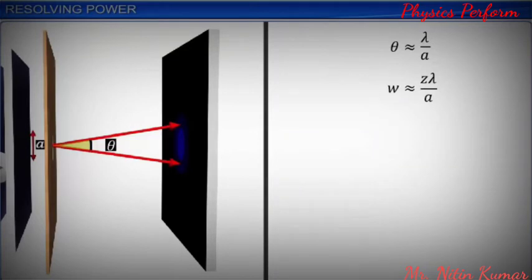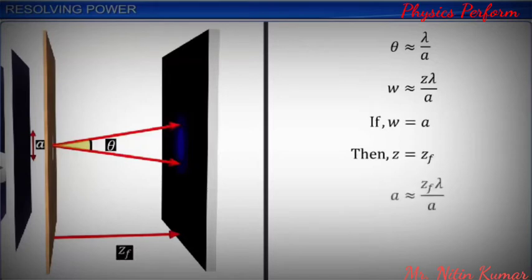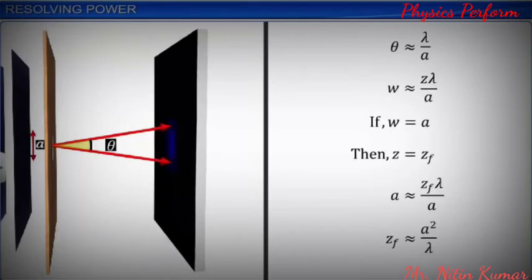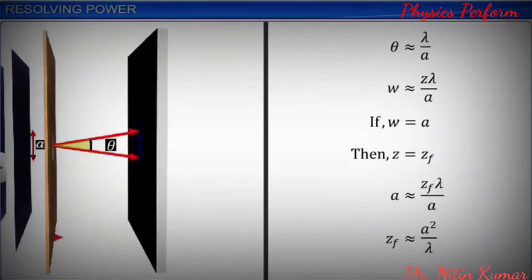Hence, ZF is approximately equal to A square by lambda. Hence, for distances smaller than the Fresnel distance, the spreading due to diffraction is also small. But for distances greater than ZF, the spreading due to diffraction is considerably large, and it dominates the assumptions of ray optics.